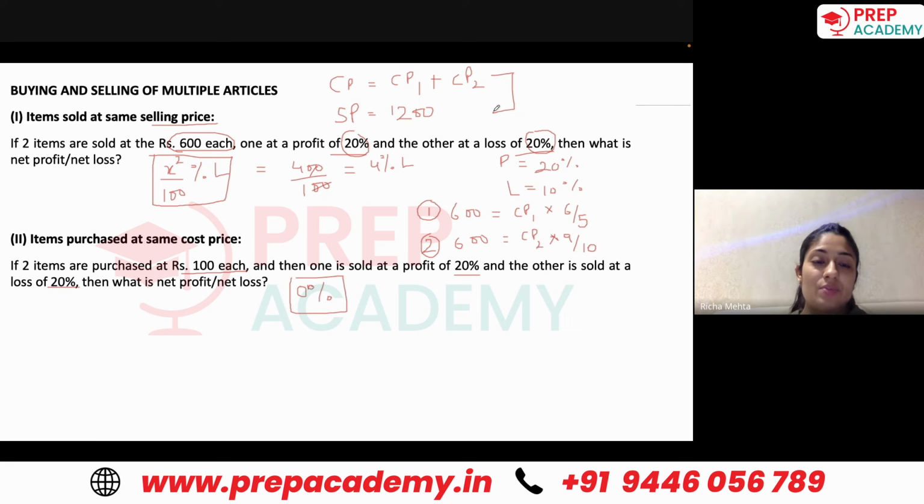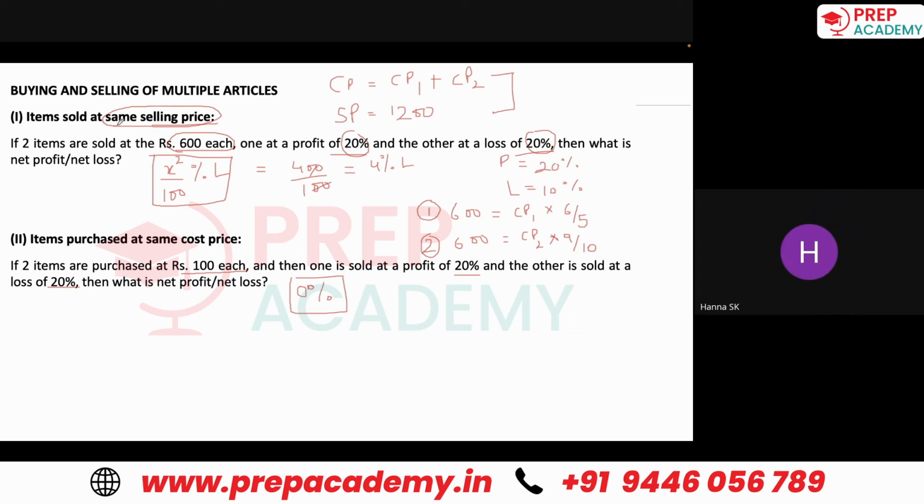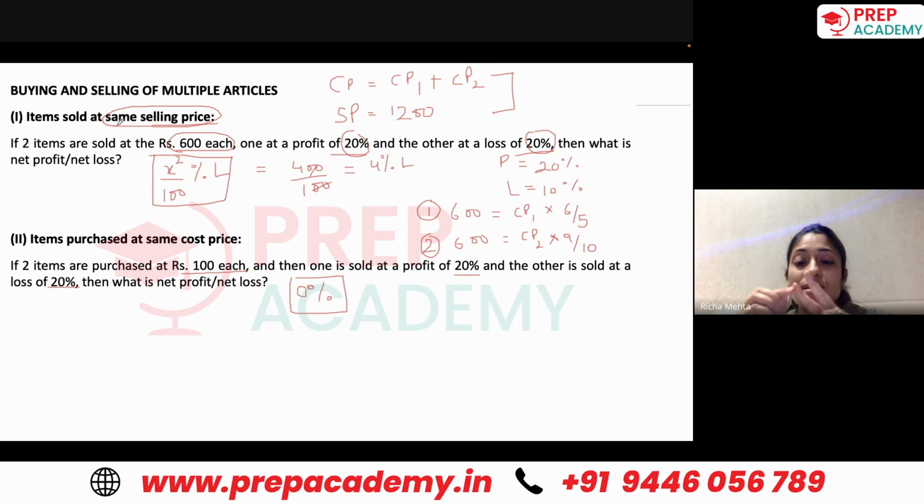So in the first one, the condition is if there are two items which are sold at same selling price, but one is sold at a profit, another is sold at a loss, but both the percentages are same. See, you are reaching 600 in one case after selling it at a profit of 20%, and you are reaching 600 in another case after selling it at a loss of 20%.